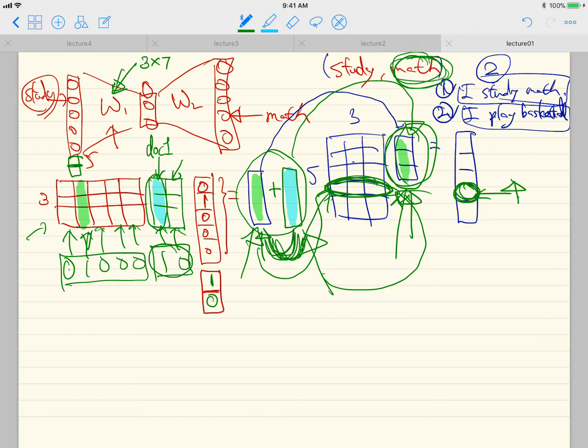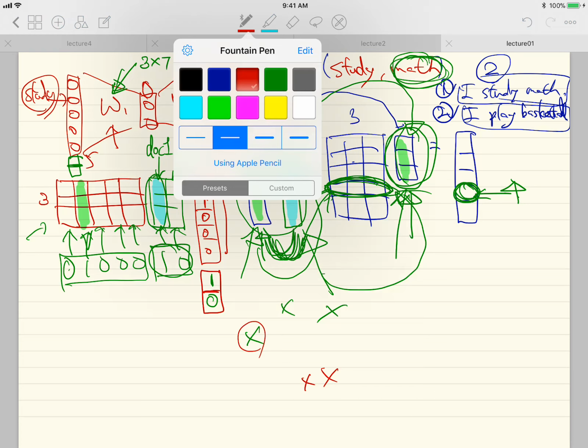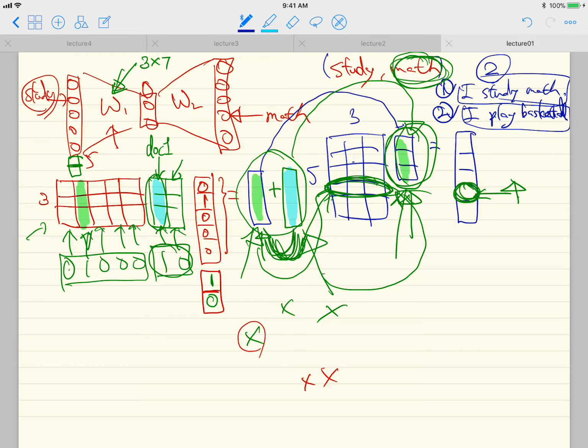Suppose "I study math" was placed over here, and then maybe "I" is already over here, and maybe "basketball" was placed here, and then around here will be our document one's vector, close to these words.